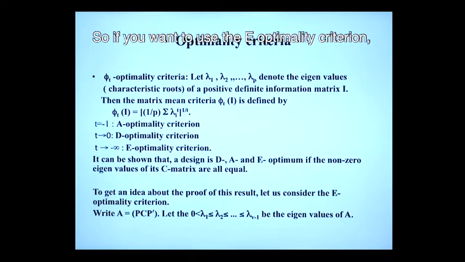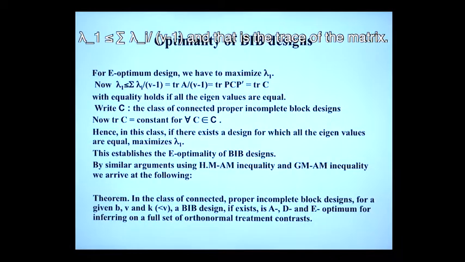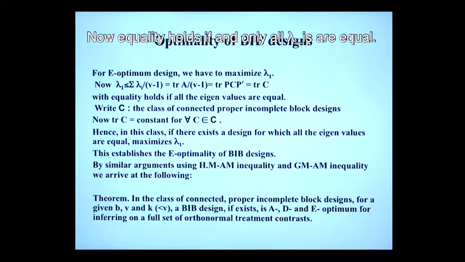So, if we want to use the E optimality criteria, we have to maximize lambda 1. Now, this lambda 1 is less than or equal to, because of those inequalities of the characteristic roots, summation lambda v minus 1 divided by v minus 1, and that is related to the trace of the matrix. Equality holds if and only if all lambdas are equal. This establishes the optimality of the block design.